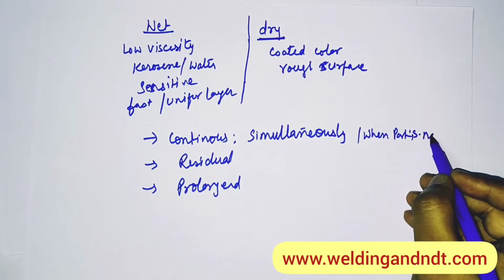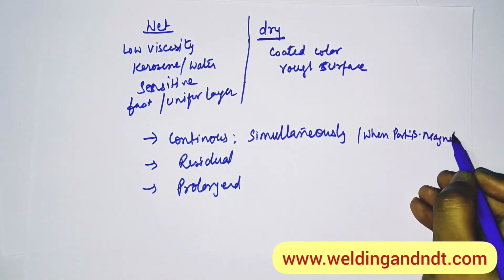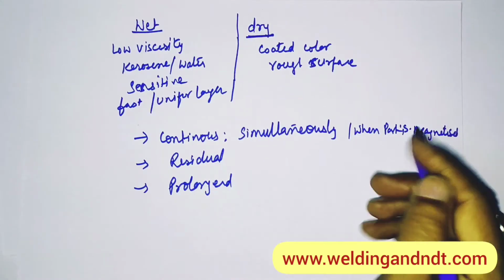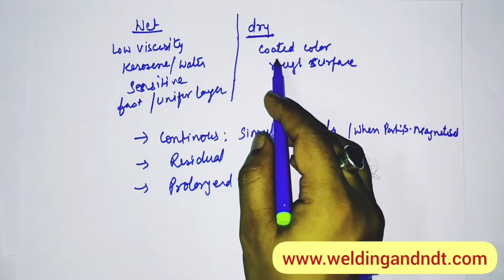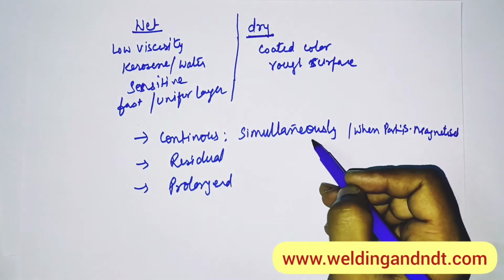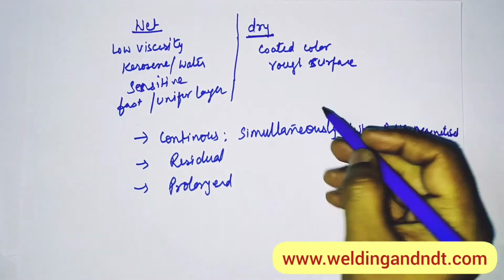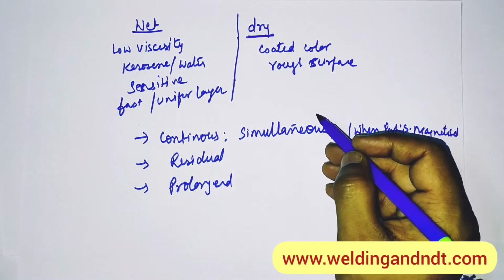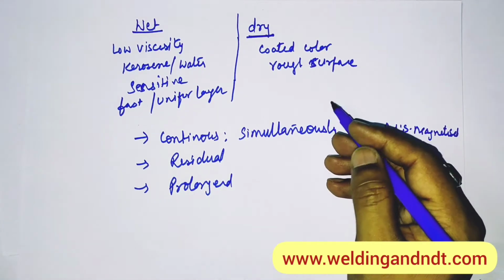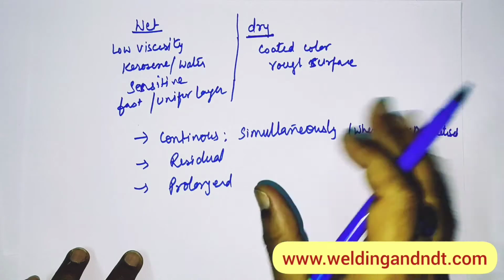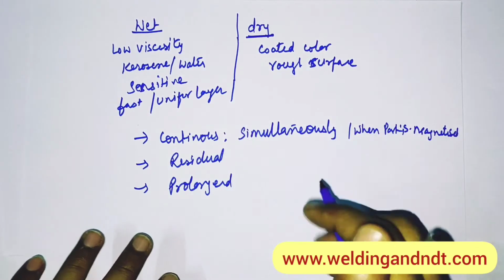Wet or dry, any powder is applied simultaneously when the part is magnetized. It means you start the yoke, and soon after starting the yoke you apply the particles, and you do not switch off the machine.